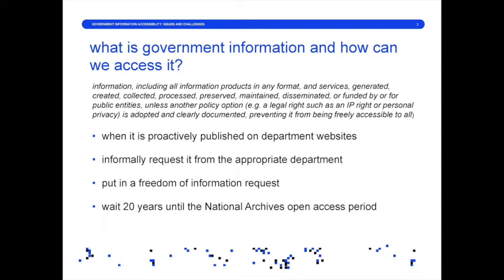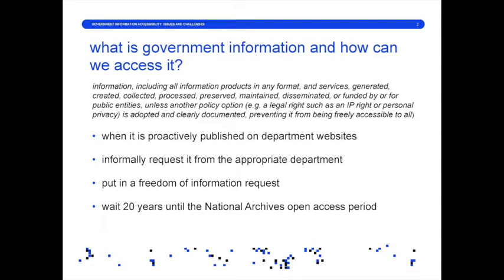So how do we actually get at this information? Well, there are a range of different ways, four to be precise. One is when it is proactively published by government departments on their websites. The second is, if it's not on the website, then you can informally request it, and that is happening quite a lot.